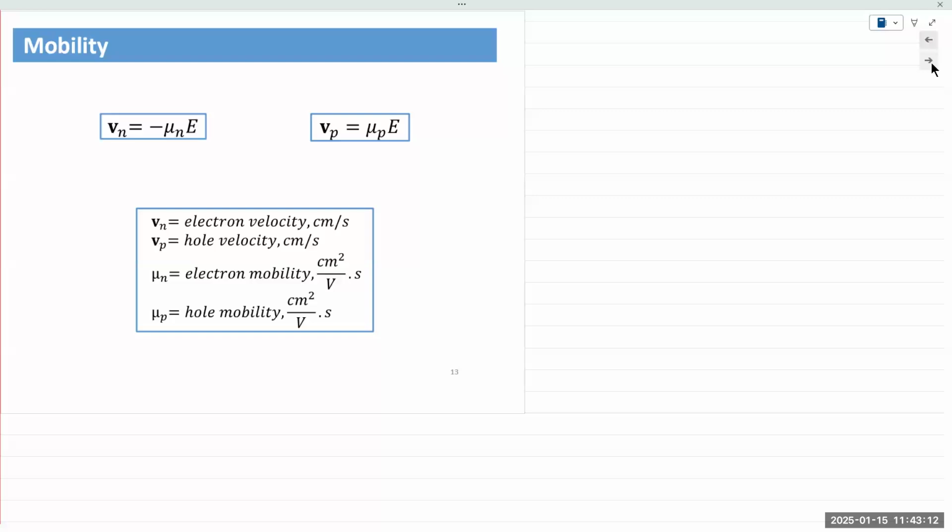So when you increase the energy being supplied from the electric field, the velocity would increase proportionally. To create an equation, we introduce a constant of proportionality. That constant of proportionality is defined as the mobility, denoted by the Greek letter mu.